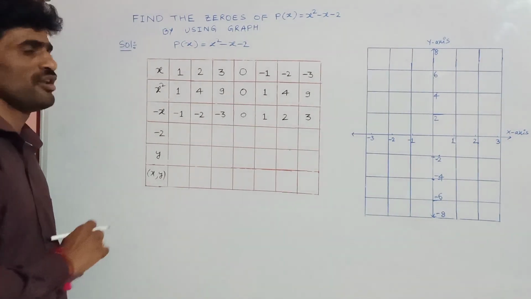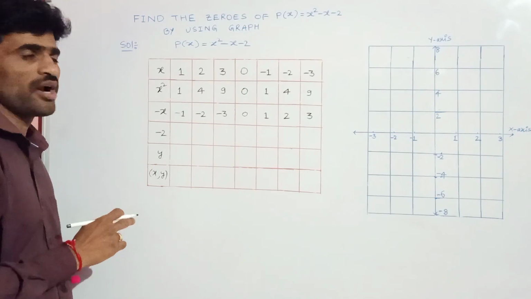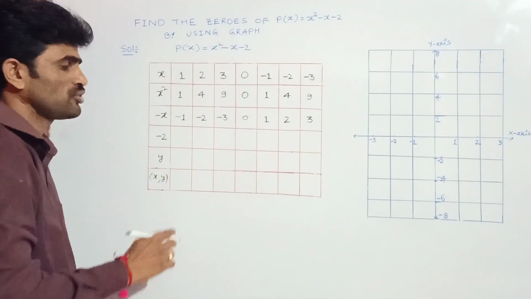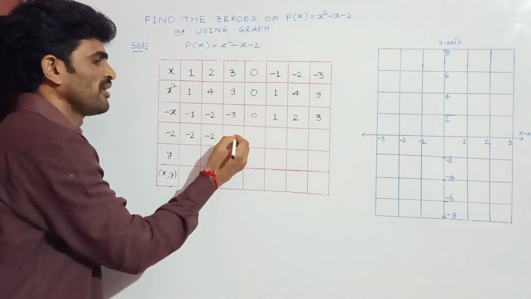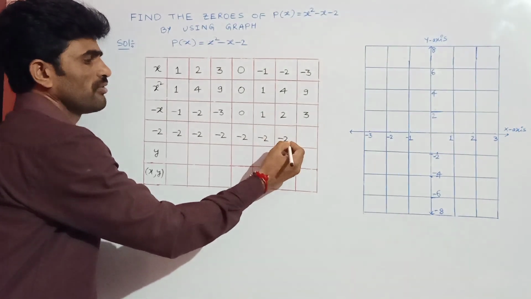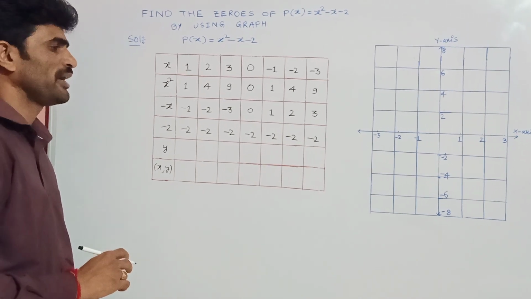So we got all the values of minus x. Now minus 2 is a constant; it does not depend on the x value. So everywhere it will be minus 2 only, irrespective of the value of x.